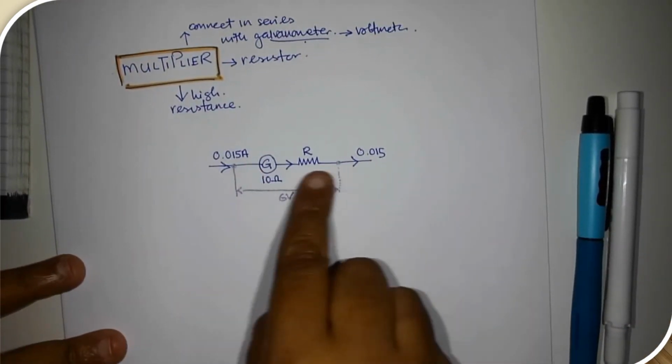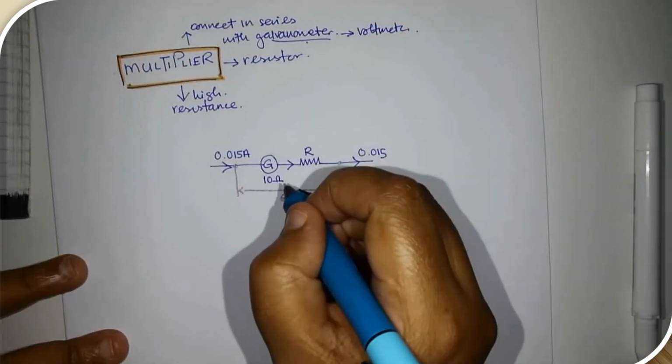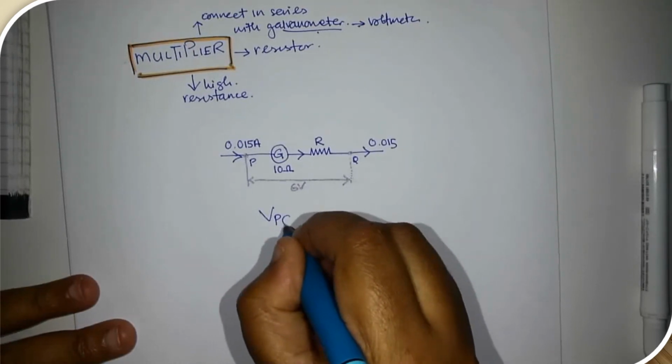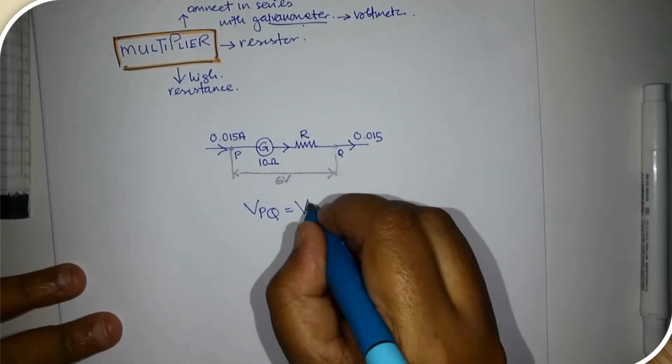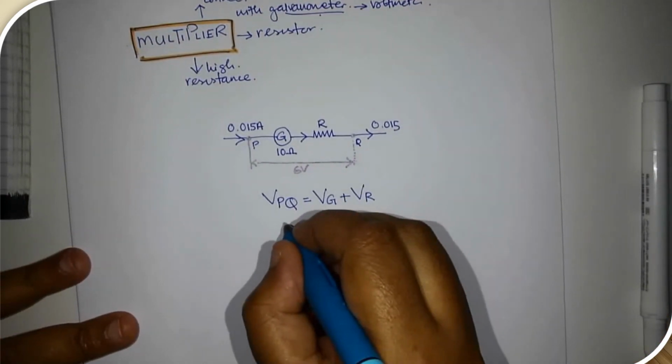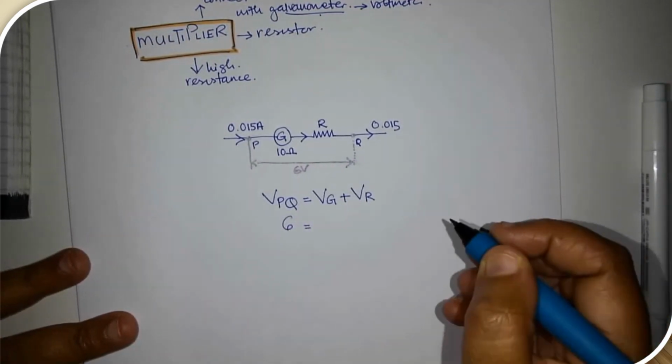Okay, they are connected in series. So this is point P, this is point Q. So VPQ equals VG plus VR. VPQ is 6. VG is what?